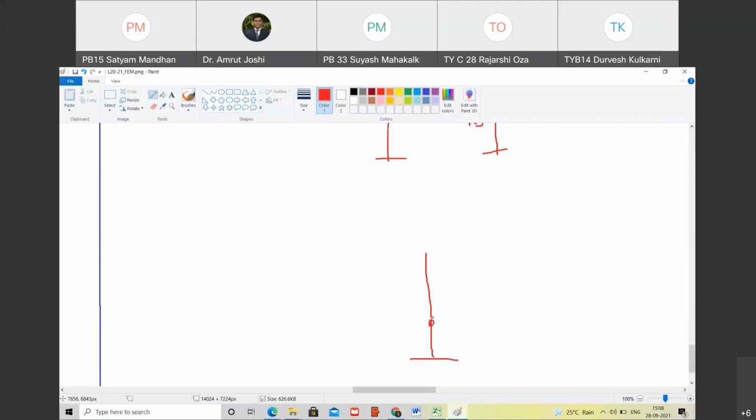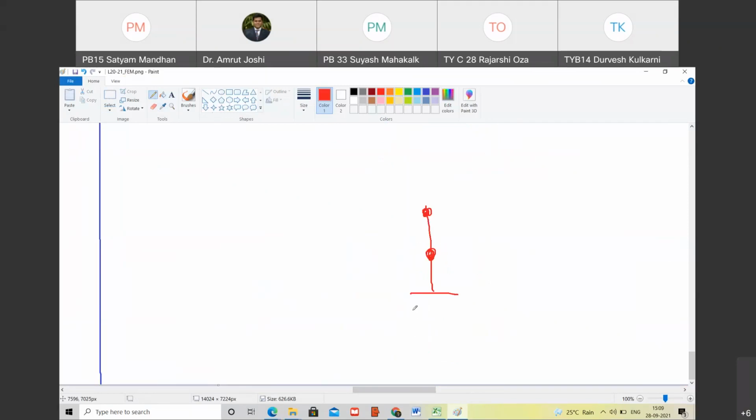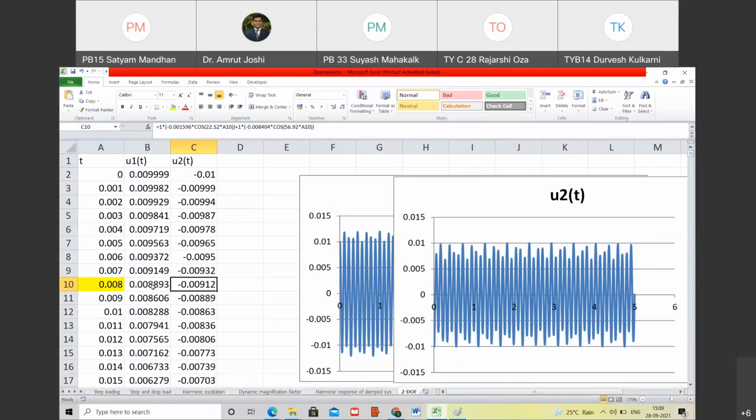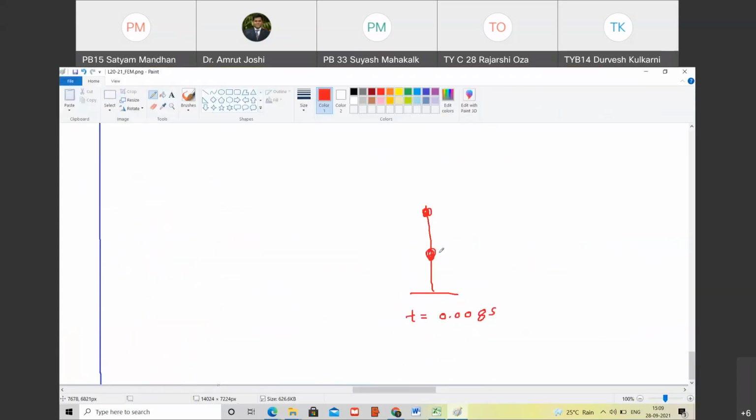How does the deformed shape look like? This is M1. This is M2. We are looking at time instant t equal to 0.008 seconds. At this time instant, where is M1? M1 is at location plus 0.0088, so M1 is somewhere here. And where is M2?